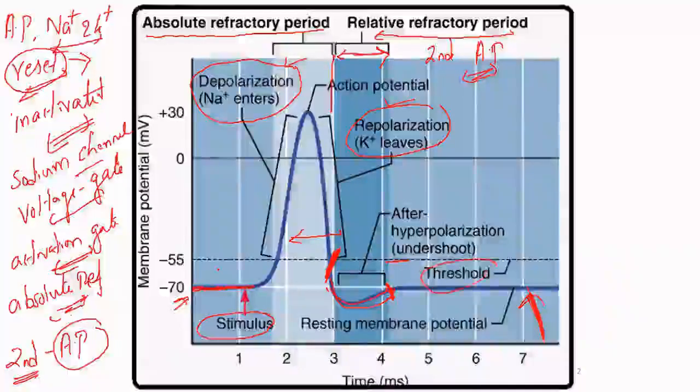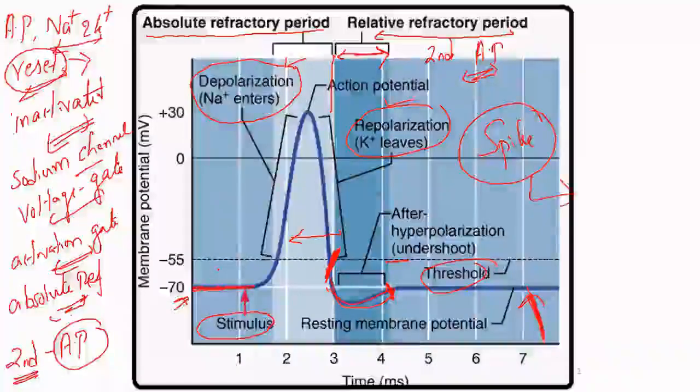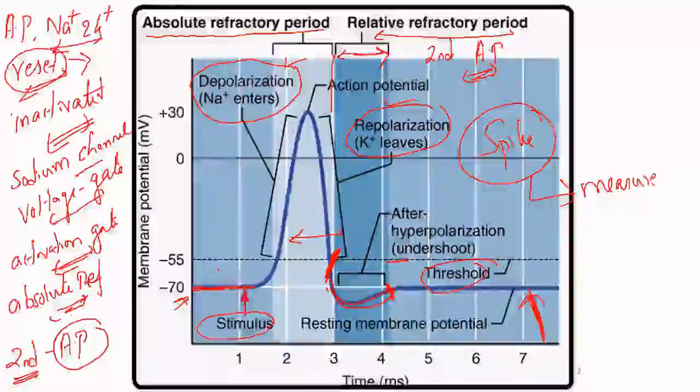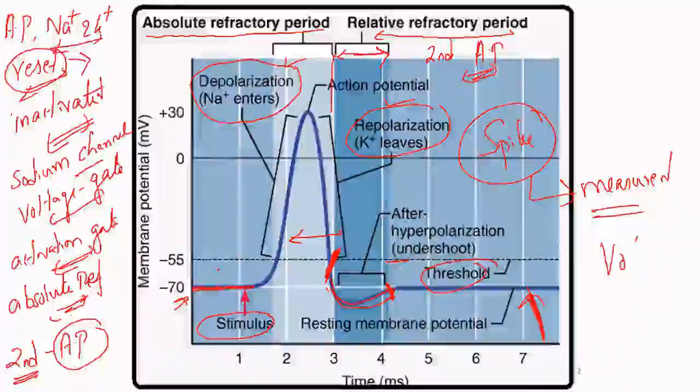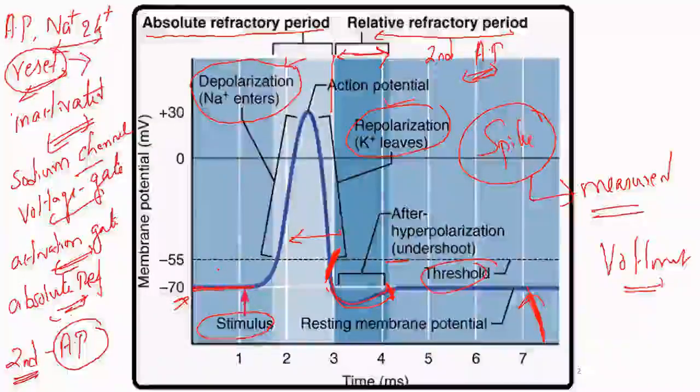Once it exceeds the threshold, the action potential, this spike comes, right? This spike can be measured using your voltmeter, but the range should be in microvolts to millivolts, right?